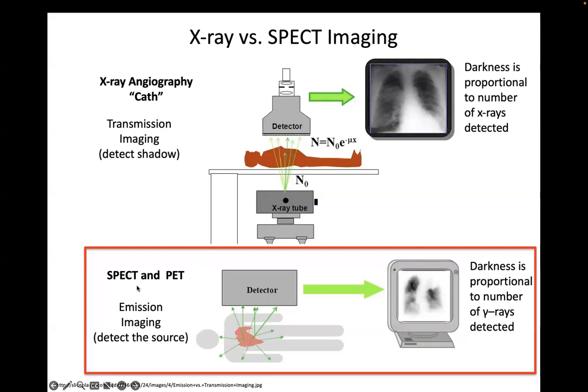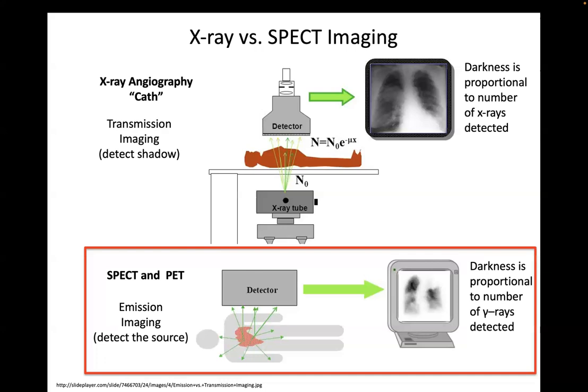Contrast that to SPECT, in which we take the patient's decubital vein and we inject a substance in there. And normally you wait some time for that substance to circulate through the body and then accumulate in various organs, right? It's done a lot for cancer, looking for very small metastases in different parts of the body.